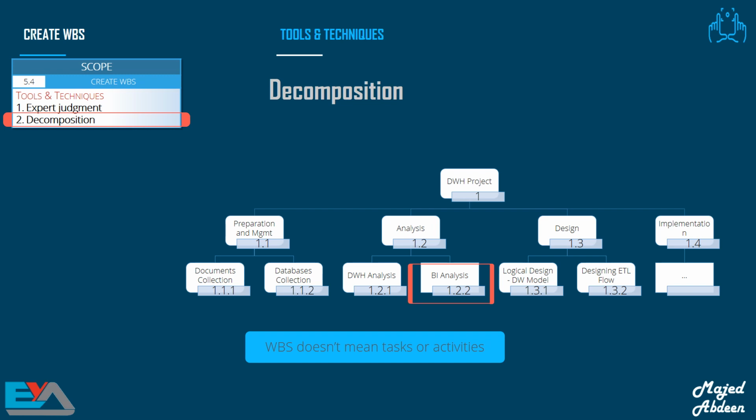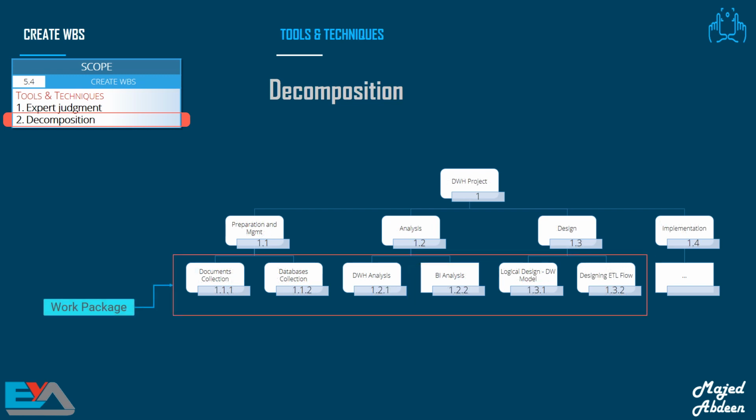Now, let's talk about the decomposition. The decomposition technique is used in this process and in the define activities process in the schedule management only. For the exam, remember, the next step after defining the scope is decomposition into smaller components. As I said, the items in the lowest level of the WBS are called work packages.